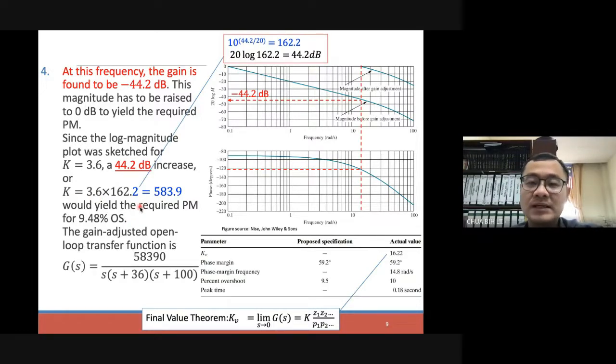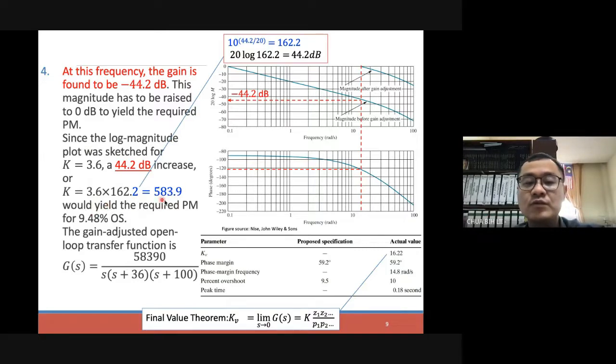Normally in design, we just cross-check again. In the final assignment as well, after you do your design and get your K value, or maybe the PI or PD value, you simulate again using that value to check whether you have obtained the desirable value or not. This is just to double check.